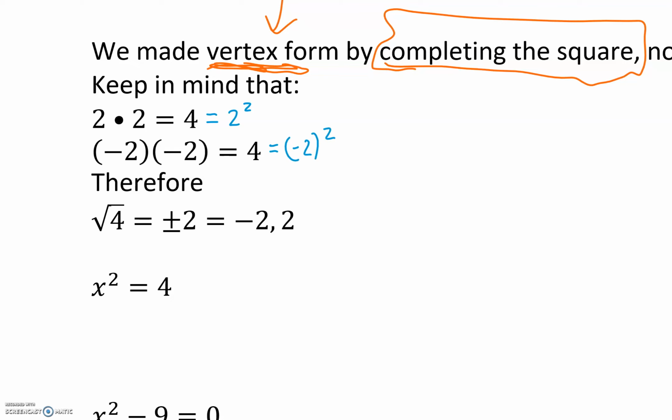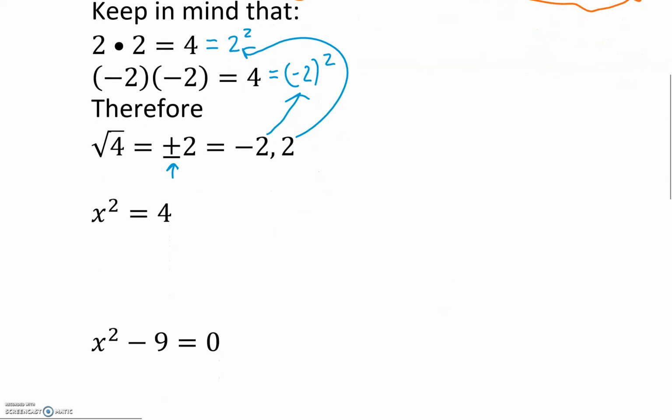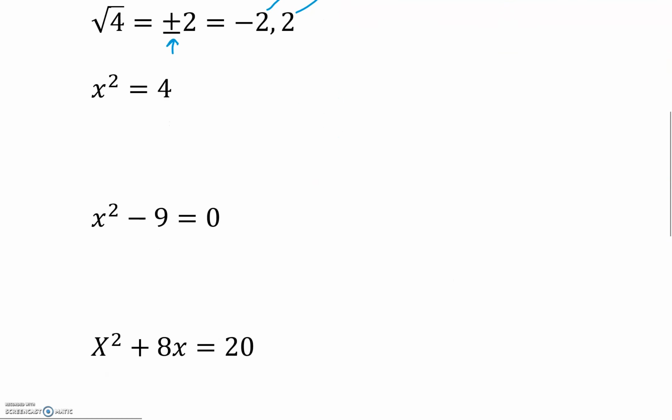If you keep that in mind, that means the square root of 4 is either one of those options. We don't know which, so it's both. That's why we have a plus minus 2, a negative 2 like this and a positive 2 like this. So keep in mind that when you square root something, you always have a positive and a negative answer. Make sure if you square root, you have both.